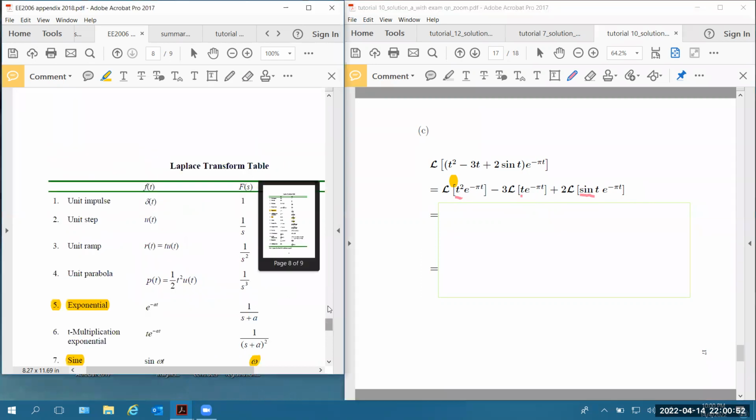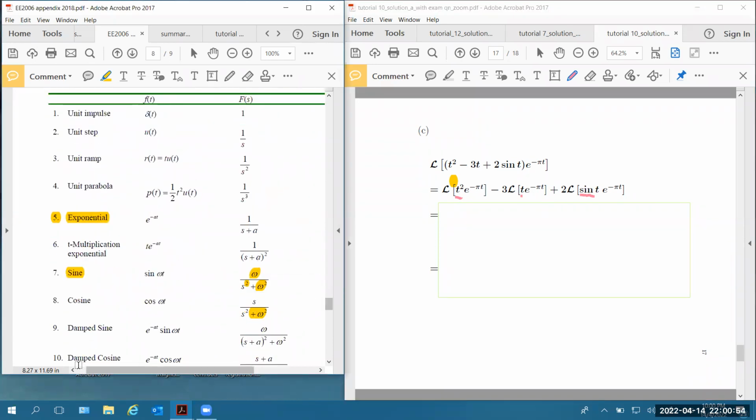Is t squared here? Yes, t squared is here. Now you see there's a half; never mind, the half you just bring over. So this is 2 over s cubed. So for the first term, it's 2 over s cubed.